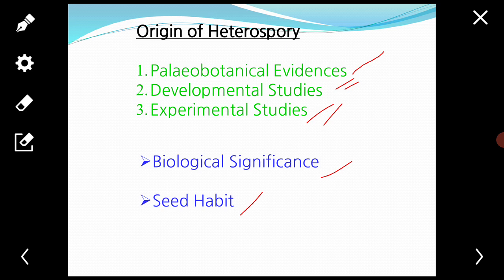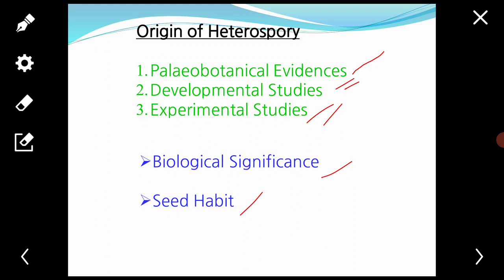Students, the heterospory is finished in this video, and in the next we will study about the apogamy and apospory.